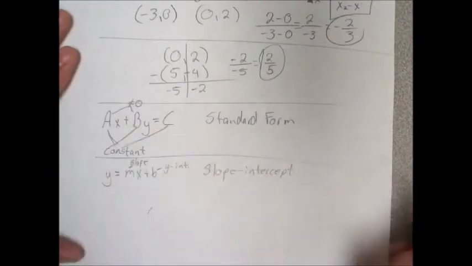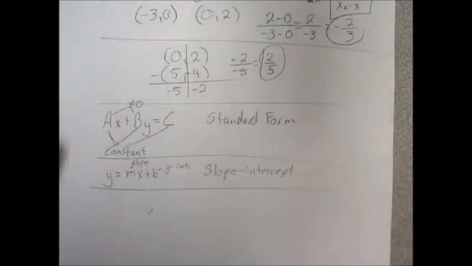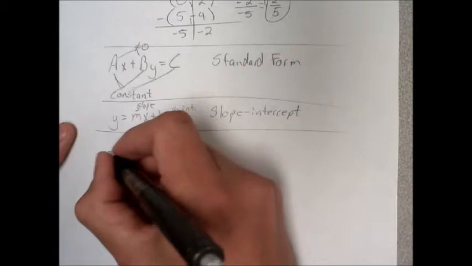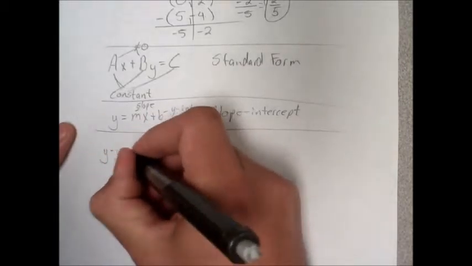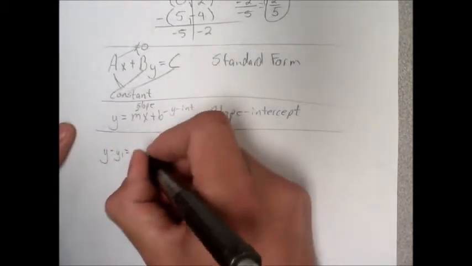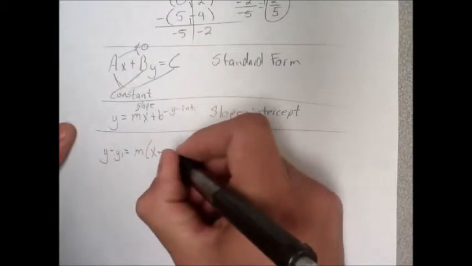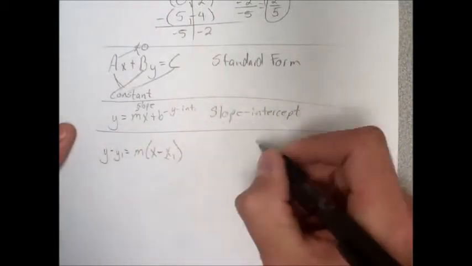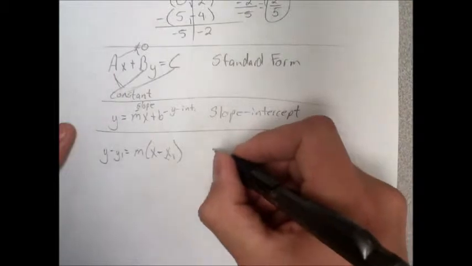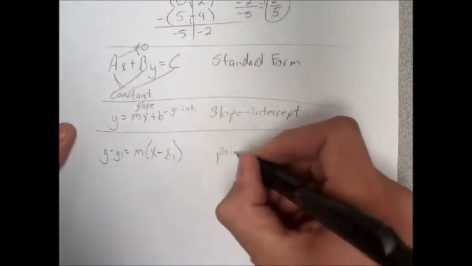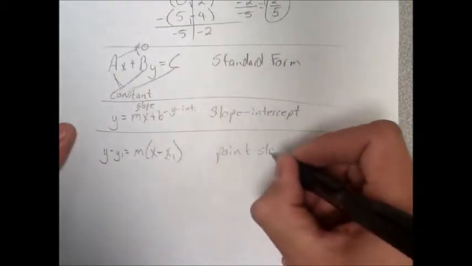They were not really clever when they made these names. The next one is y minus y sub 1 equals m, open parentheses, x minus x sub 1, and close that parenthesis. That is called point slope form.